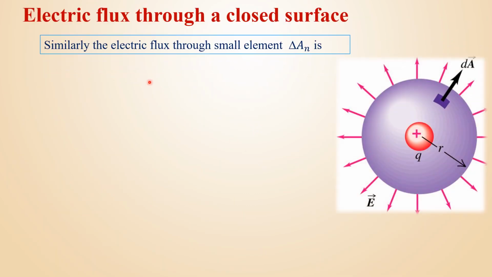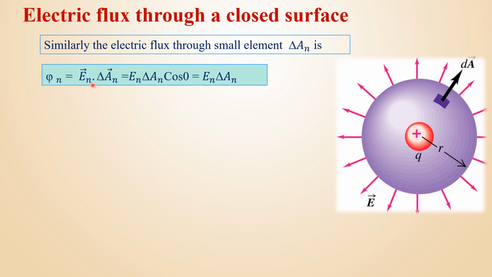Similarly, the flux through small element delta An is phi n equals En dot delta An, which equals En delta An cos 0. Cos 0 is equal to 1, and we get phi n equals En delta An.